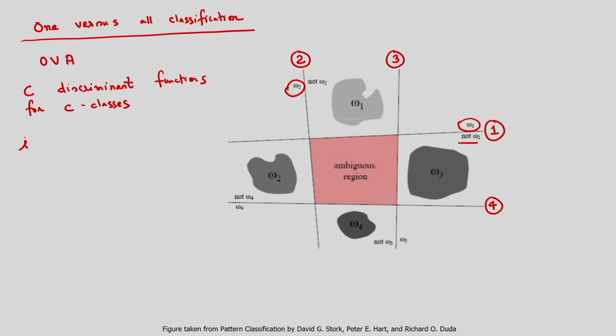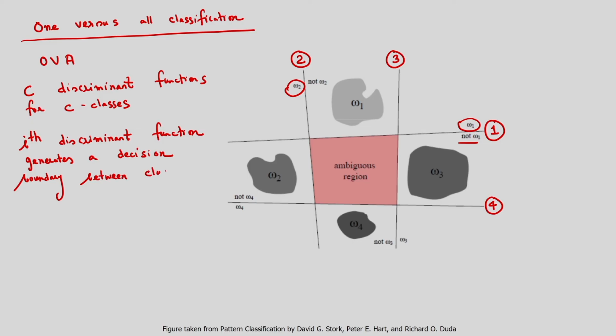The ith discriminant function generates a decision boundary between class i and the rest of the classes, that is, the other C minus 1 classes.